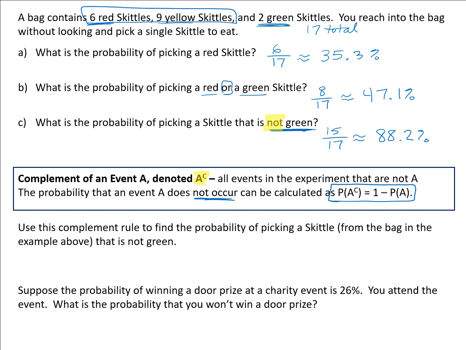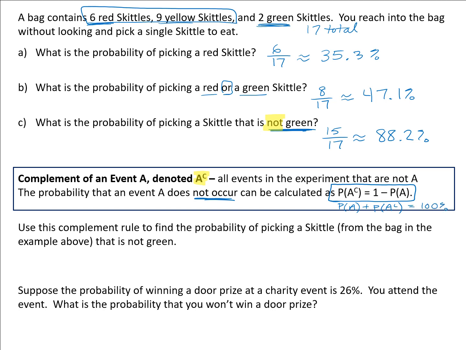If we think about that, the probability of an event and its complement when added together represent every possible thing that could happen. Being green, not being green. If we look at those probabilities together, we're looking at 100%.